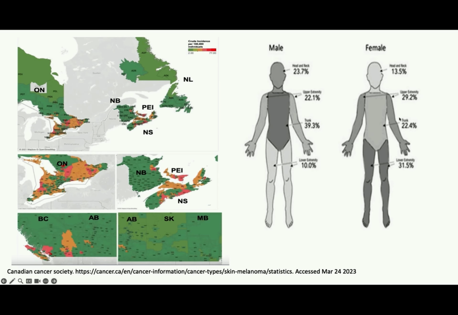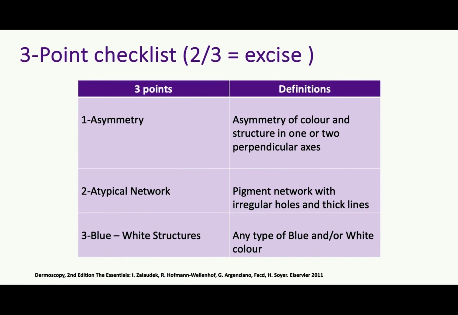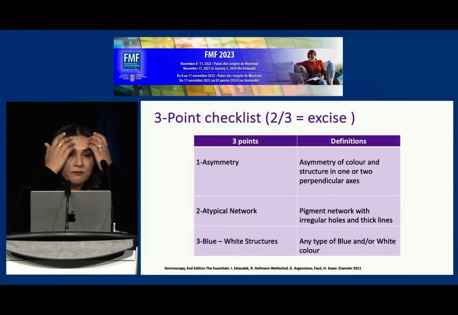Second most frequently would be on the arms, upper limbs, torso, and then the head and neck. And for males, it's almost the opposite. So their majority of melanomas on them are going to be on the torso, on the head and neck, followed by the upper limbs, and then the lower limbs. So again, if you have that information in your head, you can decide your index of suspicion for something being a melanoma. So let's apply this checklist quickly to a few lesions.